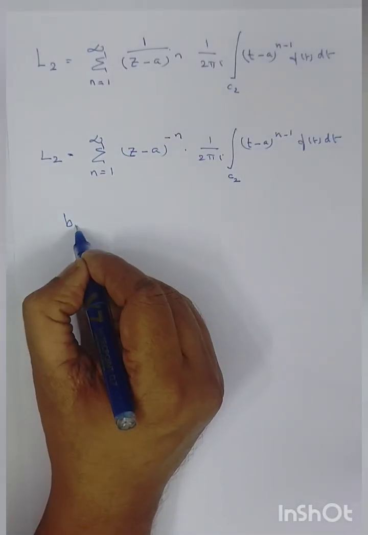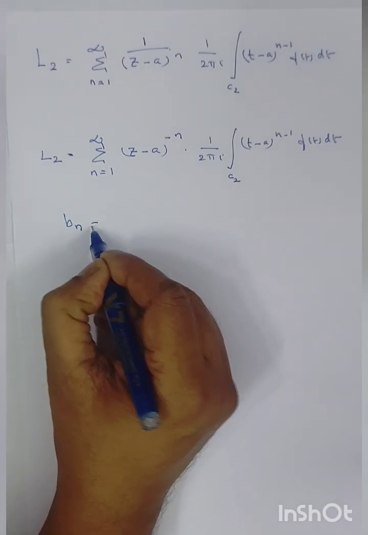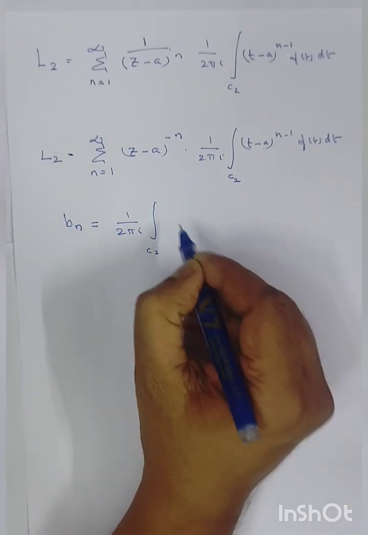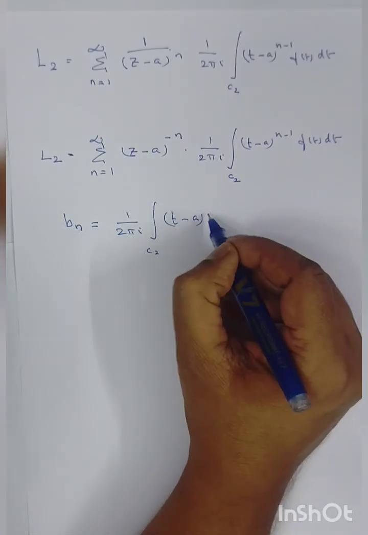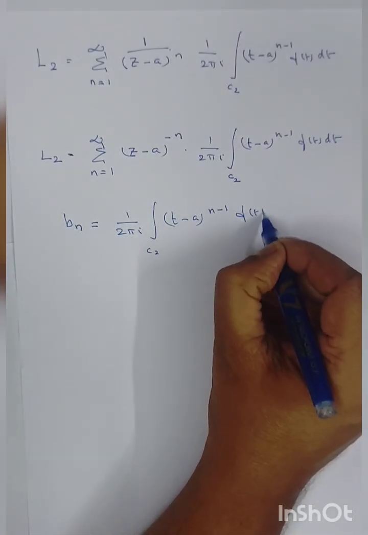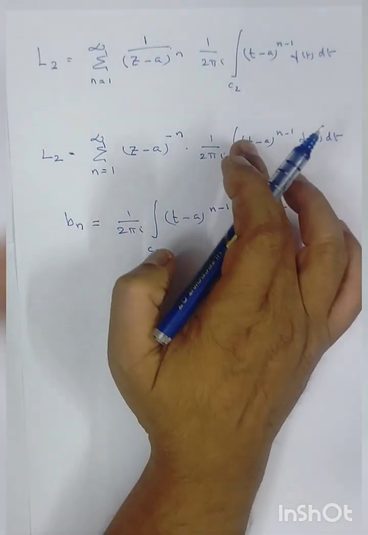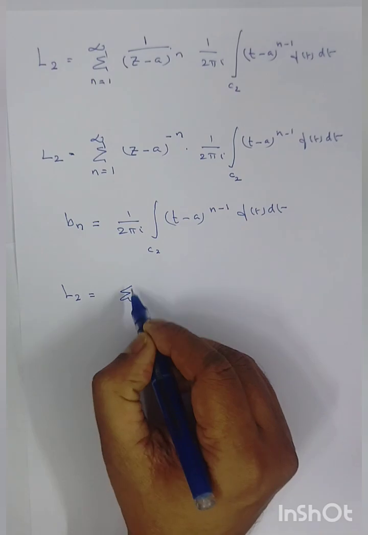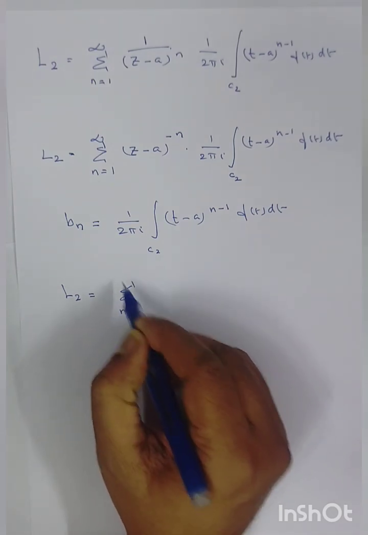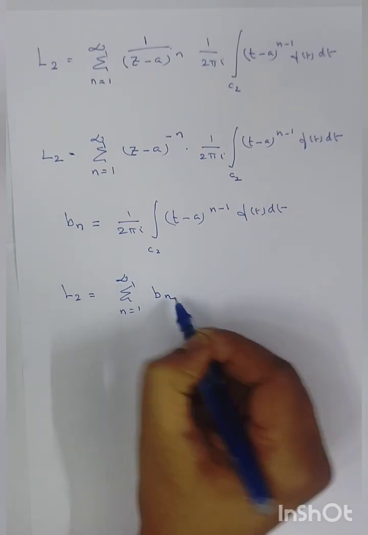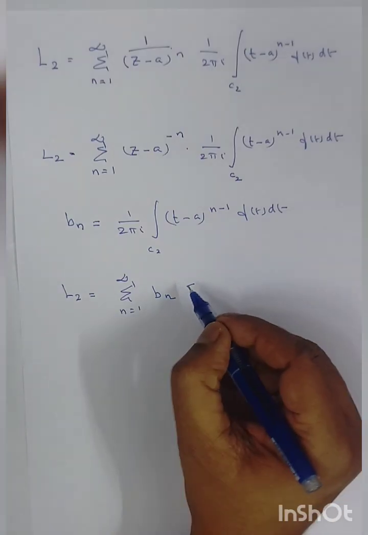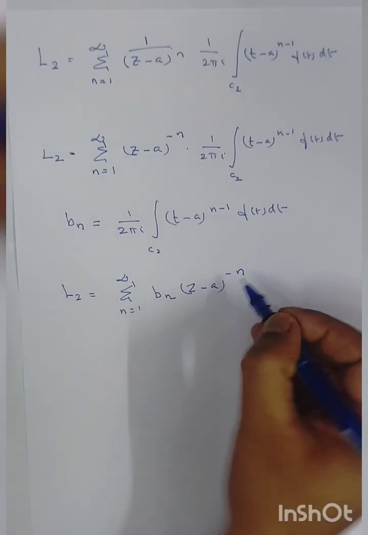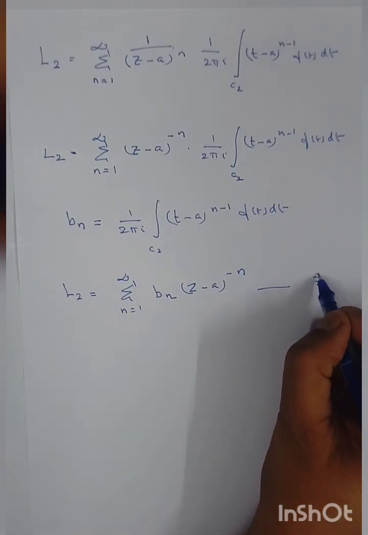Now similarly, we will introduce another constant bn, which is equal to 1 by 2 pi i, C2 (t minus a) the whole power n minus 1 f of t dt. So substitute this value bn here. Therefore L2 is equal to the summation, n equal to 1 to infinity, of bn into (z minus a) the whole power minus n. So this is equation number 7.